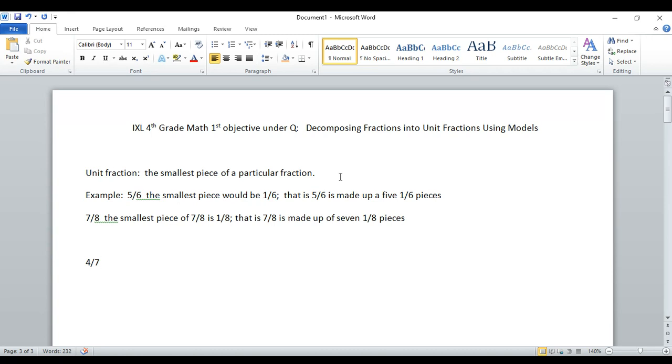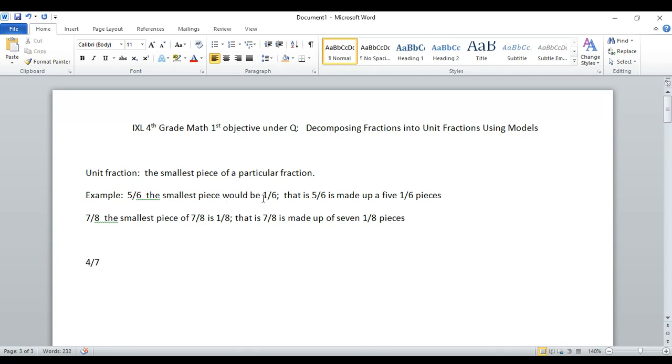But I want to go over unit fractions a little bit more. A unit fraction is the smallest piece of a particular fraction. For example, if we have the fraction 5/6, the smallest piece we could take away from that would be 1/6.